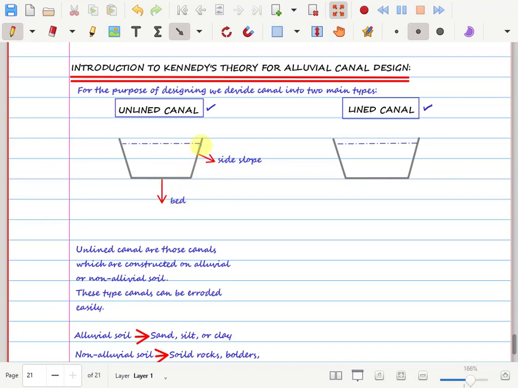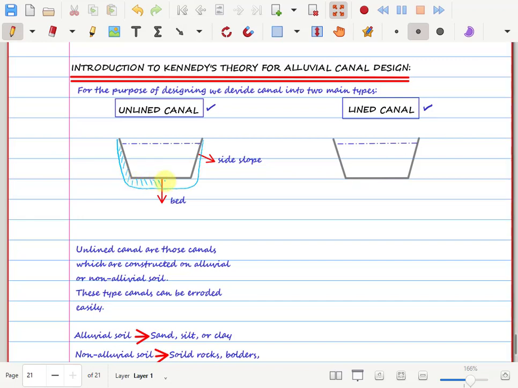When it erodes your canal, the dimensions or cross section of the canal will change. And what will happen? The dimension will obviously increase, right? If it erodes your sides, the shape of your canal will change, and it will become something like that, right? So this part is being expanded.